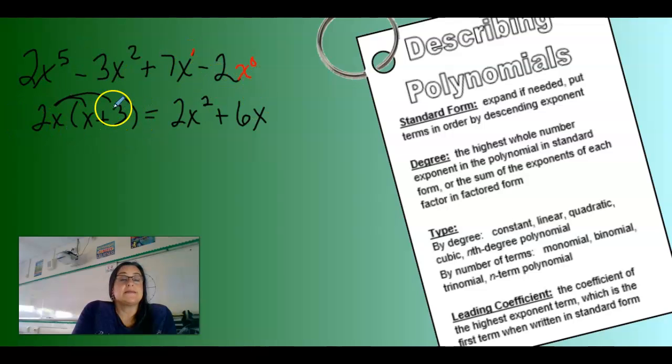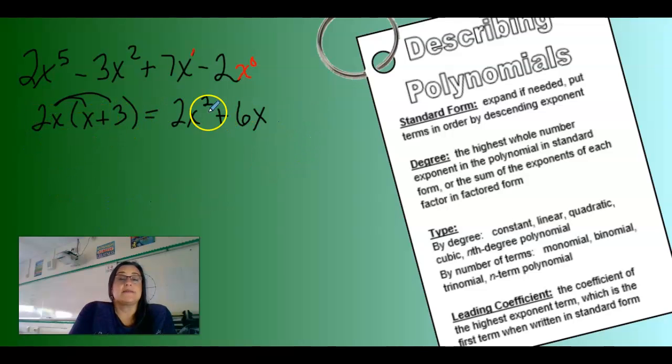In my second example here, 2x times the quantity (x plus 3), that was factored form. The 2x factor has an exponent of 1, degree 1. My x plus 3 factor is also a linear factor, degree 1, and 1 plus 1 is 2. So this would be a degree 2 polynomial in factored form.